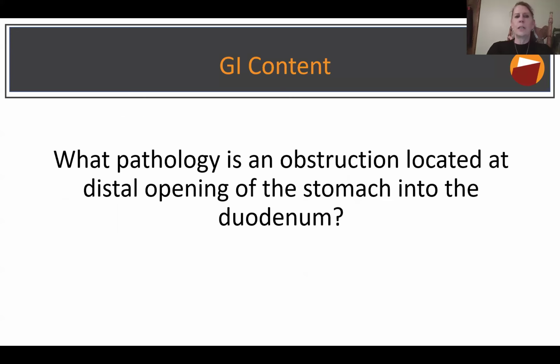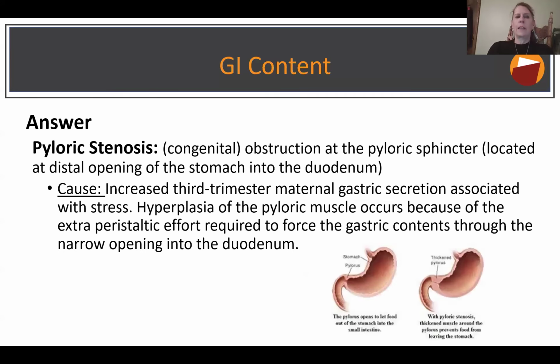What pathology is an obstruction located at the distal opening of the stomach into the duodenum? I'll give you the answer. That is pyloric stenosis. This is congenital. Hopefully it's picked up soon after birth, especially if it's severe, because what's in their stomach is not moving on past their stomach.